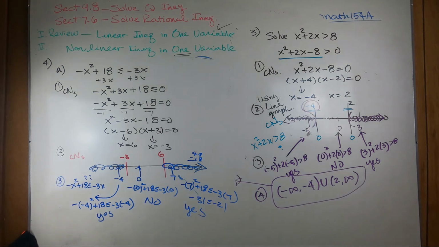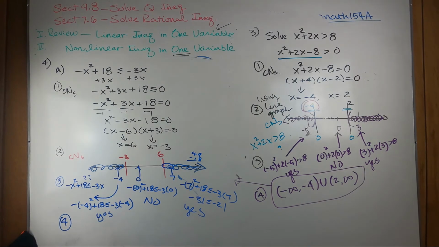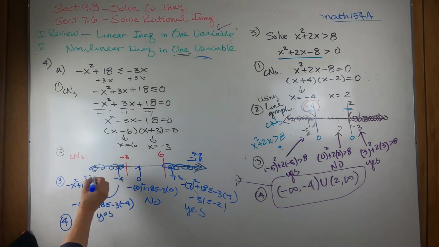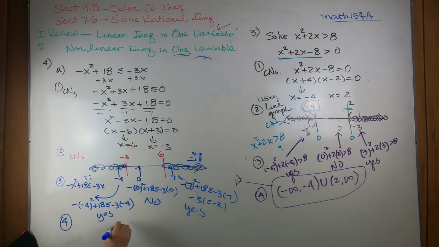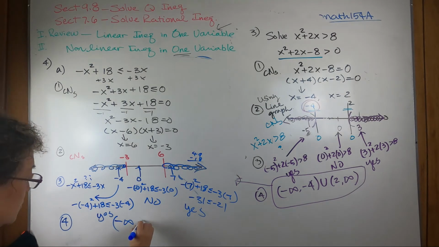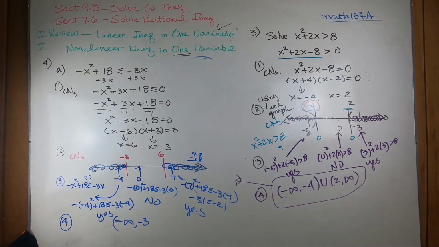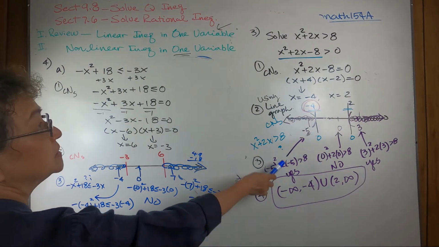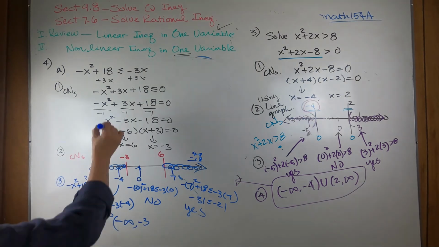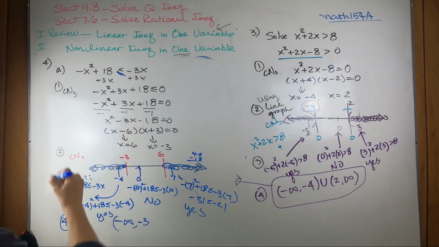Then what's your answer? Next, you answer which area will work. So from negative 3 on, not negative 4, up here, negative infinity with a parenthesis to negative 3. Do you include negative 3? Like this one, we don't, because that's greater than. But here you do have an equal sign.